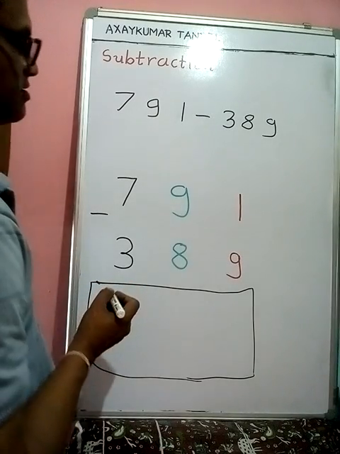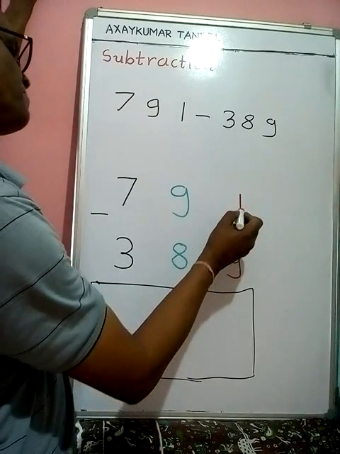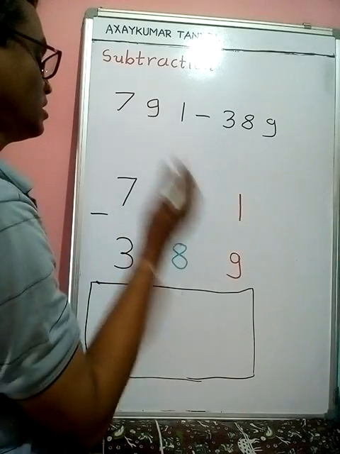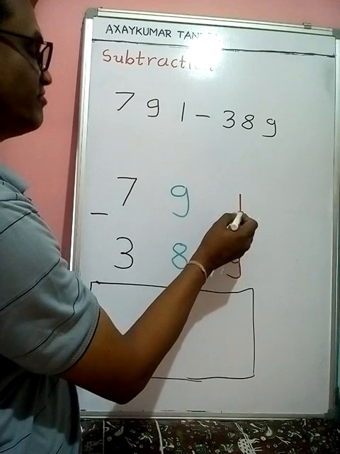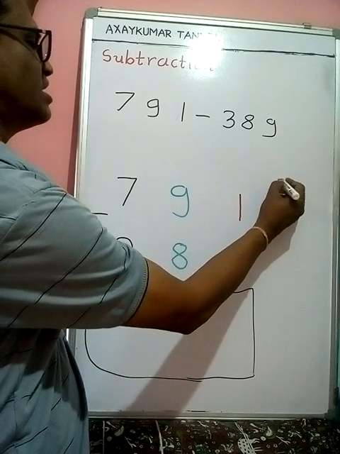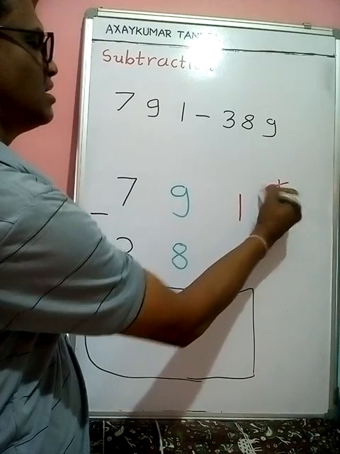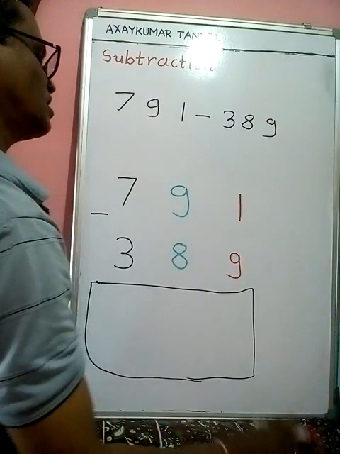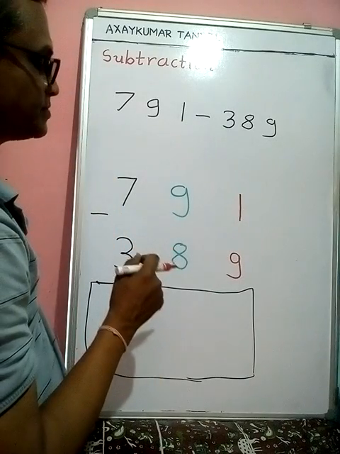Now we subtract 9 from ones. Remember, 9 is greater than 1. We cannot subtract 9 from 1 because here is 1. We can only subtract 1 from 1. Okay, not 9 from 1.